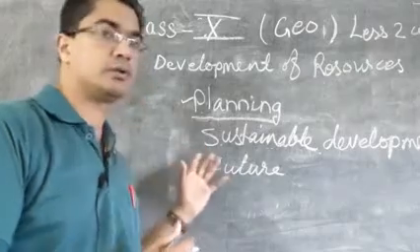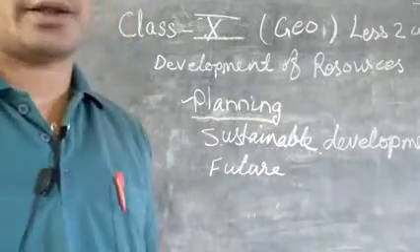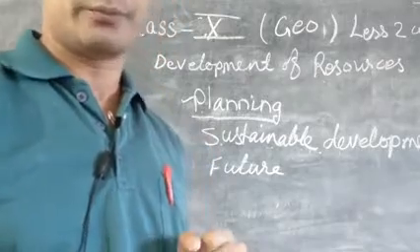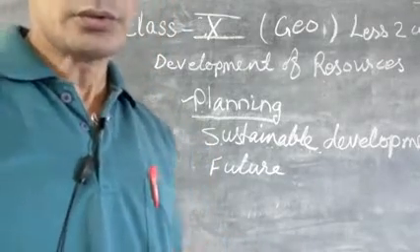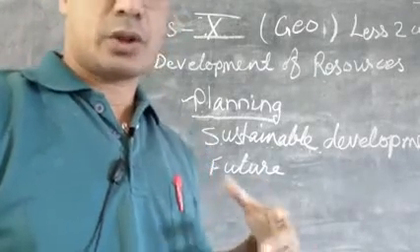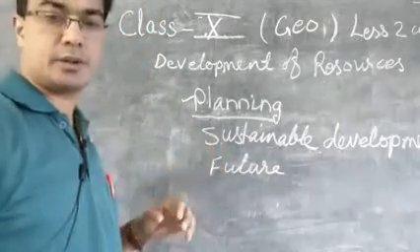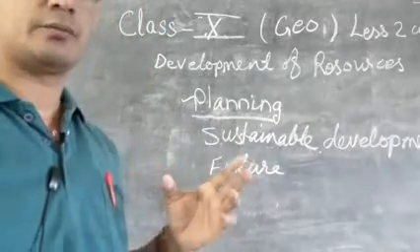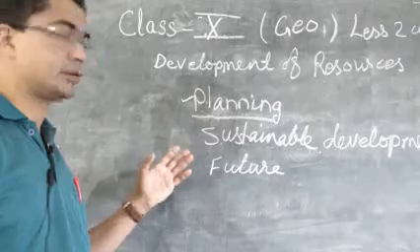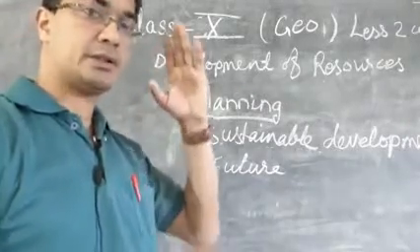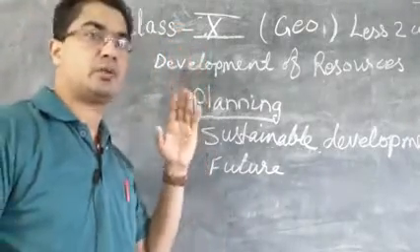And so we have to plan out properly, and then only without damaging the environment we can take care of it. And we should not compromise the present development with the needs of the future. So we must always remember that we should think about the generations that are going to come in the future as well.